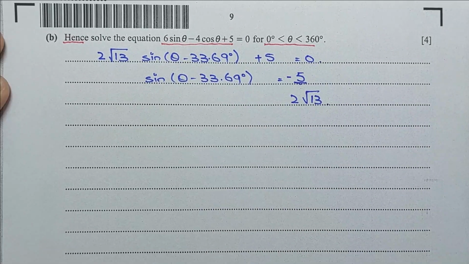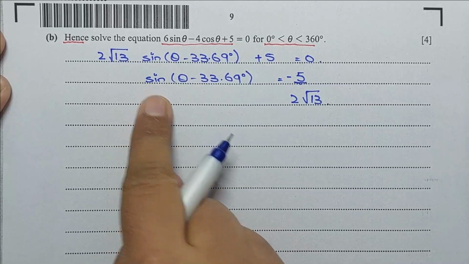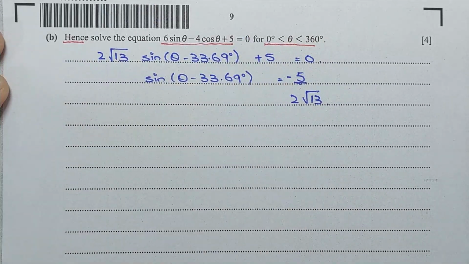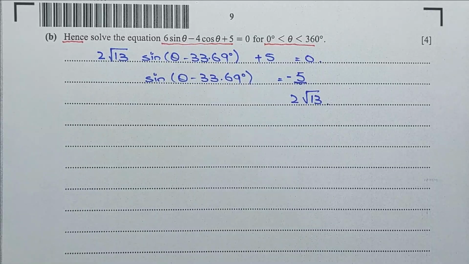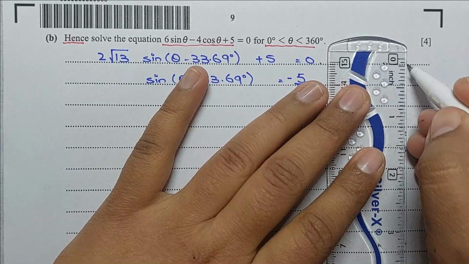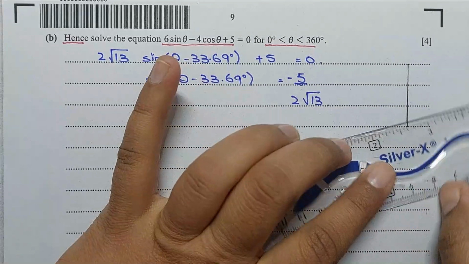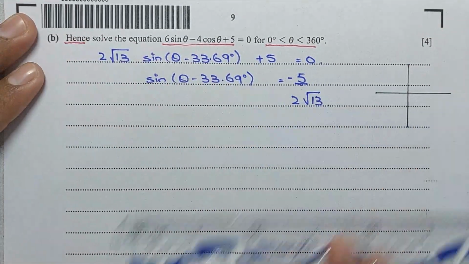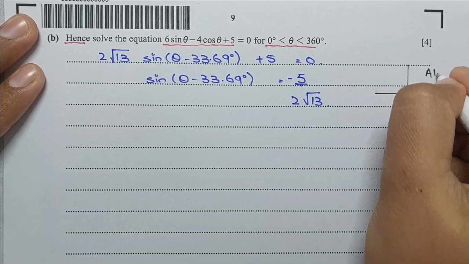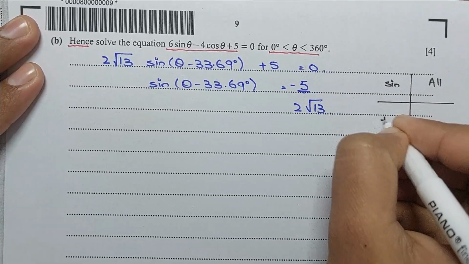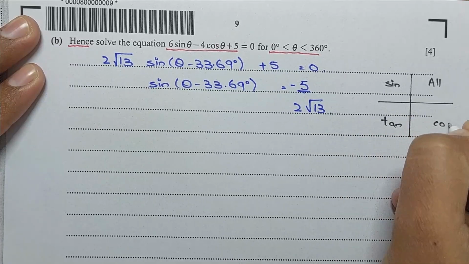Alright. Now this equation tells that sine of some theta is negative. Now from 0 to 360 degrees, sine is negative in which quadrant? Let me draw the coordinate diagram and check. Okay. In the first quadrant, all trigonometric ratios are positive. In second, sine is positive. In third, tangent is positive. In fourth, cos is positive.